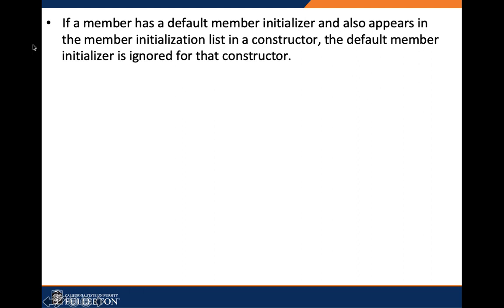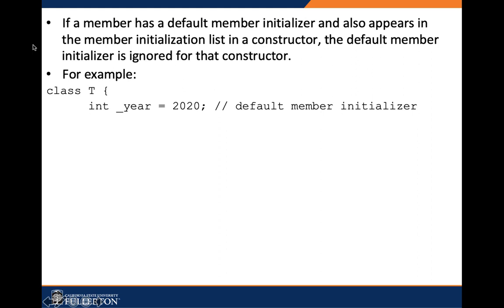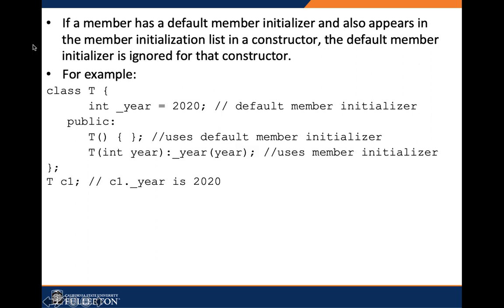If a member has a default member initializer and also appears in the member initialization list in a constructor, the default member initializer is ignored for that constructor. For example, let's say that we have the class T, which has one data member year equal 2020. So this is the default member initializer. And then it has a default constructor, which does nothing.